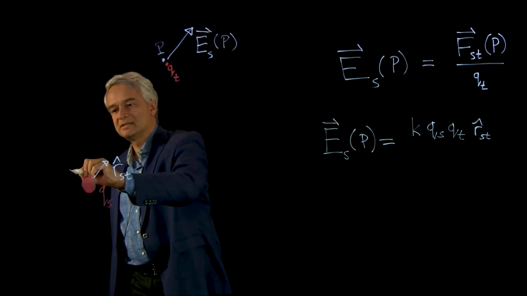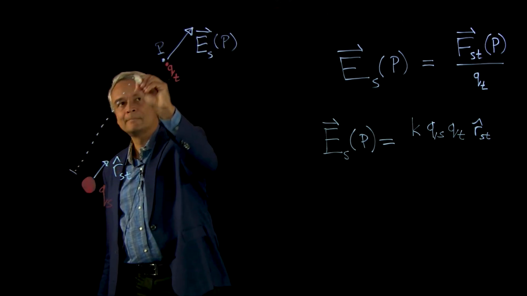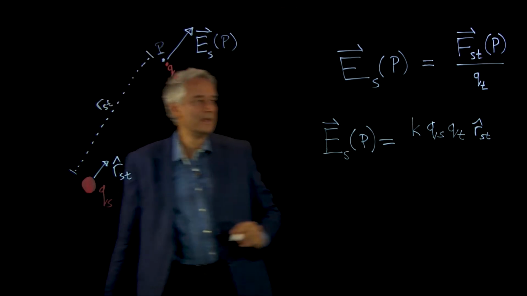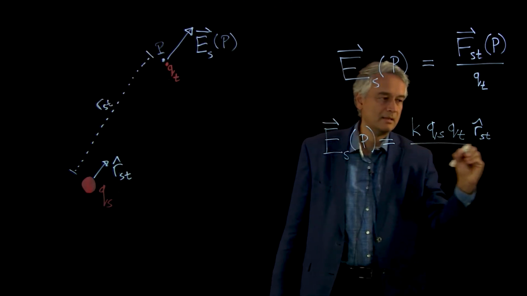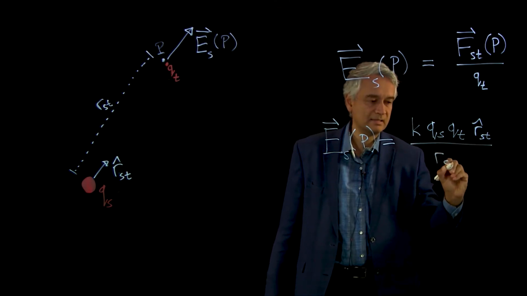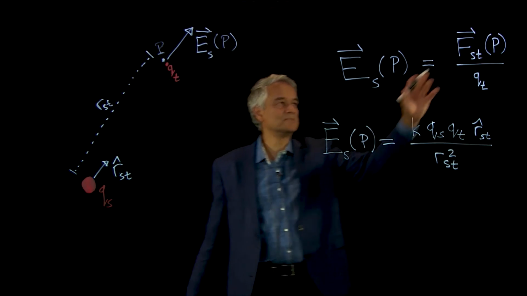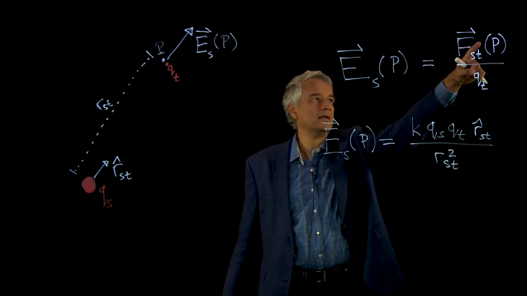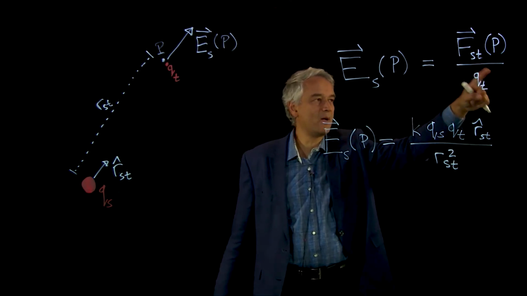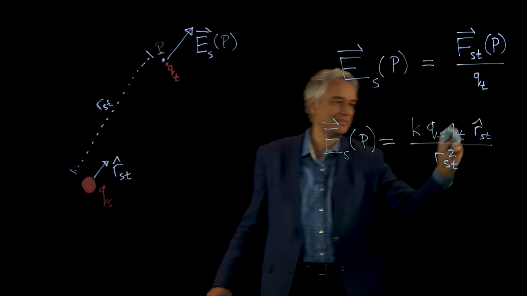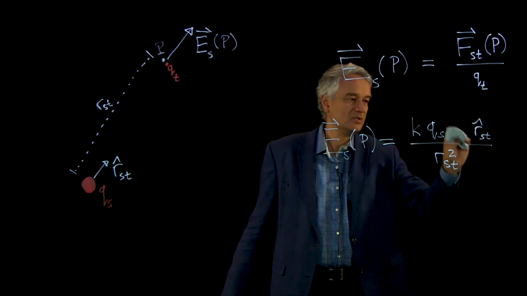This distance here I will call R_ST, and I divide by R_ST squared. So that's Coulomb's law telling me what this force is, but now I have to divide by QT, and I'm going to divide by QT by erasing it. So I divide by QT, the QT is gone.